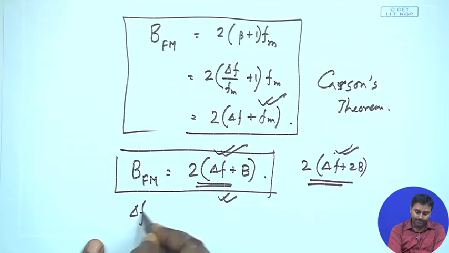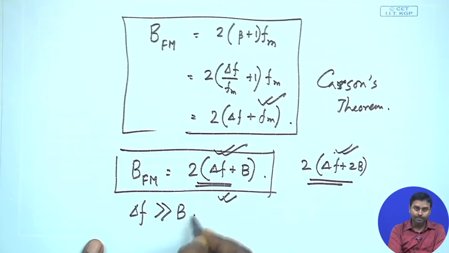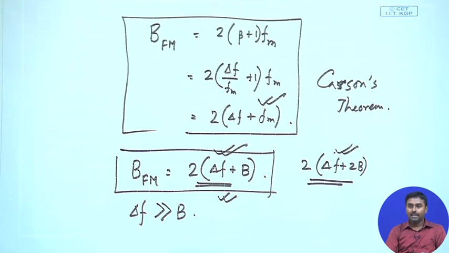If my del f becomes much bigger than b, then what people were actually saying, that the frequency deviation should be the FM bandwidth, actually happens. Here del f is already large. It is not the narrowband case, it is the wideband case, where you have a huge deviation, which means the kf value is already big.